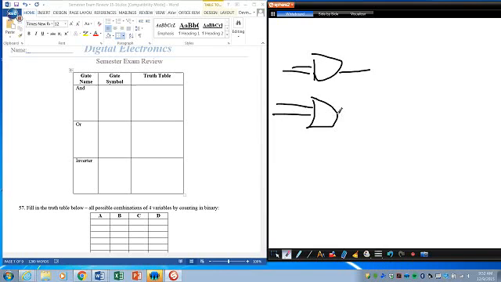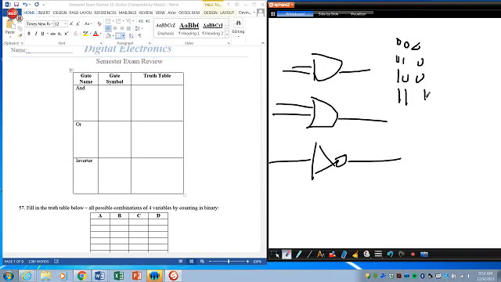Inverter gate looks like a triangle with a circle. Okay? And truth table, you should know this by now. So basically 0, 0, 0, 0, 1, 0, 1, 0, 0, 1, 1, 1. For AND gate, it only gives you 1 when both inputs are 1. OR gate, it's basically as long as you have a 1, it will have a 1. NOT gate just makes it opposite. 0, 1, 1, 0.